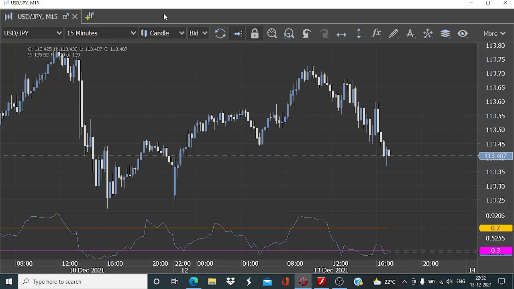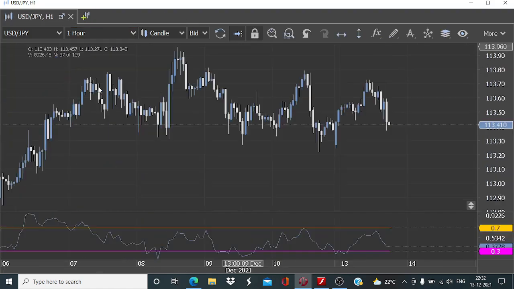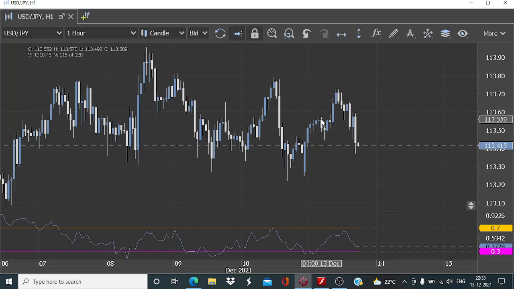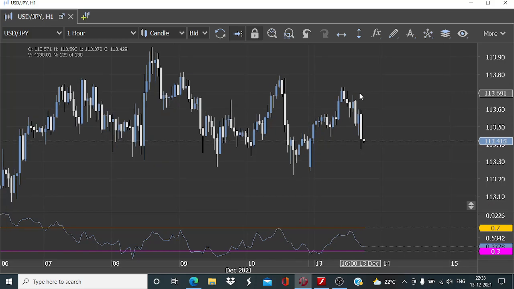We will be comparing the high of the last hour with the candle high of the historical candle 6 hours back, and there we will see that the difference between these two hourly candles should not be more than 15 pips. So we will need the calculation to be done where we deduct the high 6 hours back from the last hourly candle's high, and the difference should be less than 15 pips.